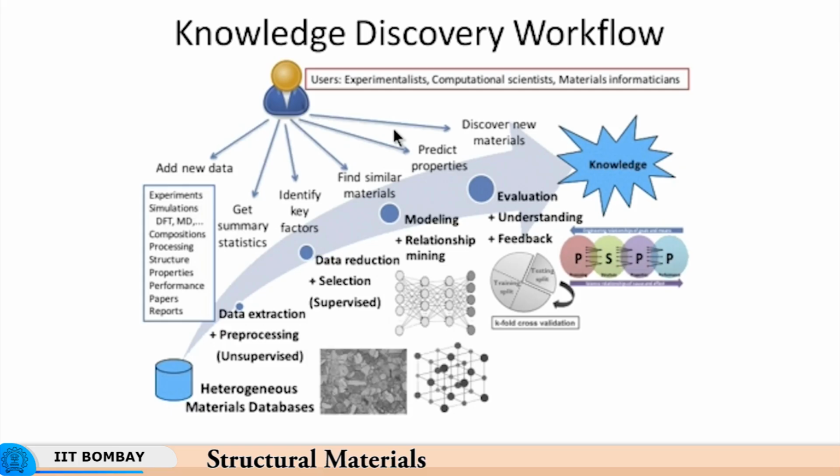So basically what you are doing is coming from a heterogeneous materials database and going to new material discovery, and storing the processing, structure, properties and performance of the new material in the form of knowledge. So this knowledge is finally generated, and again this gets added to the body of knowledge, or basically the data which you had started with earlier.